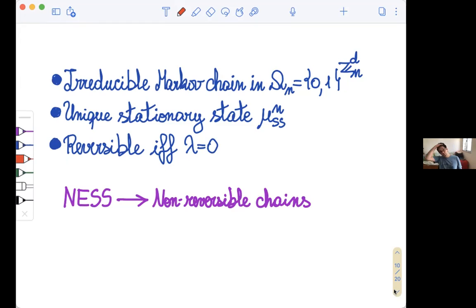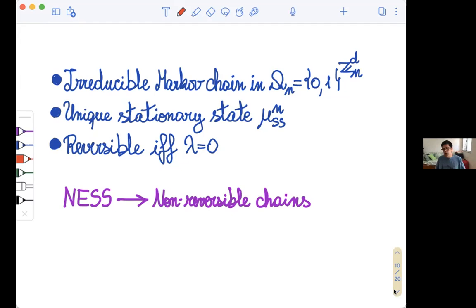How can you check that? Well, you can just try to find a cycle on the state space of this chain, such that the product of the rates of going in one direction of the cycle is different from the product of the rates of going in the other direction of the cycle. And you can check this. It's not very difficult to do.